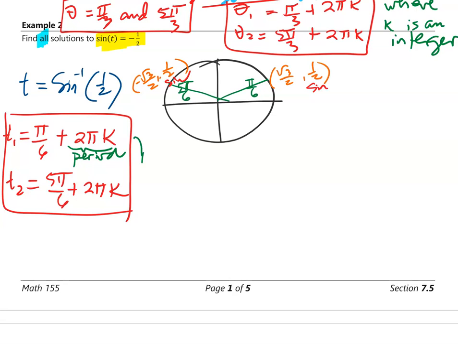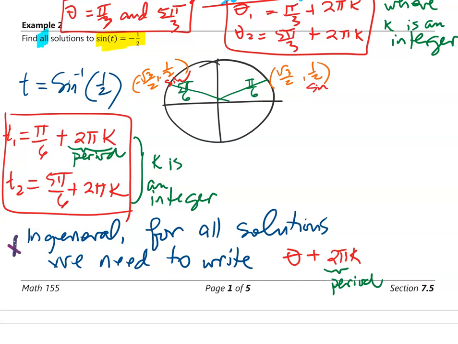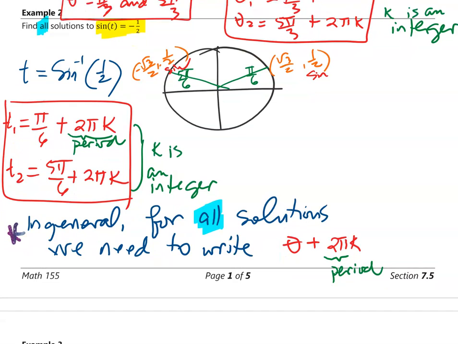And remember that k is an integer. Take note of this, that in general, for all solutions, we need to write theta plus 2 pi k. Okay. Next example.